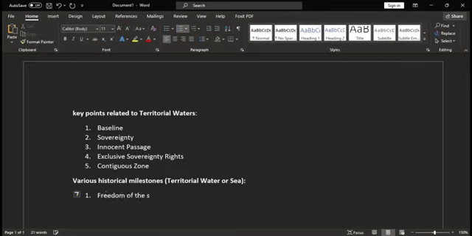Now, the freedom of the sea doctrine, we have the emergence of territorial waters in the Renaissance. We have the canon shot rule.